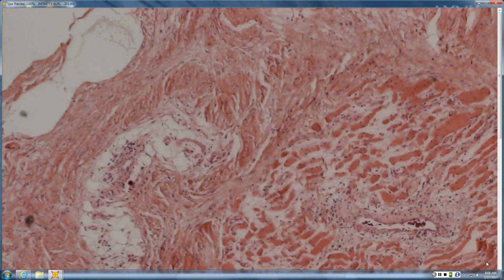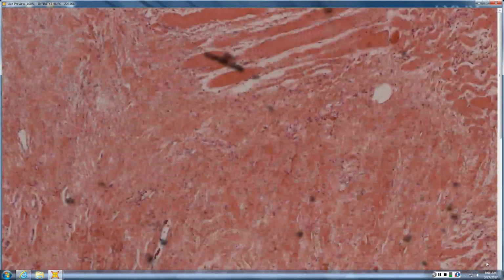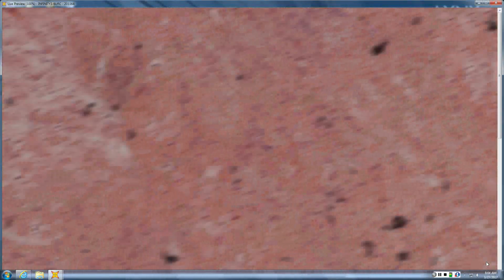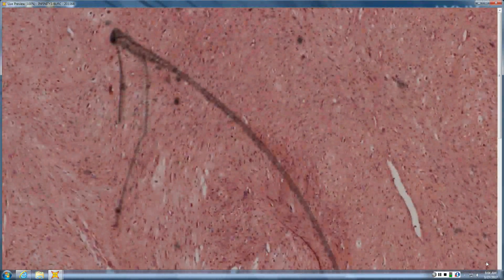The muscle is usually benign. Occasionally you can see malignant muscle, but usually the muscle is benign and the nerve component is malignant. So smooth or striated muscle differentiation within an MPNST is a Triton tumor.